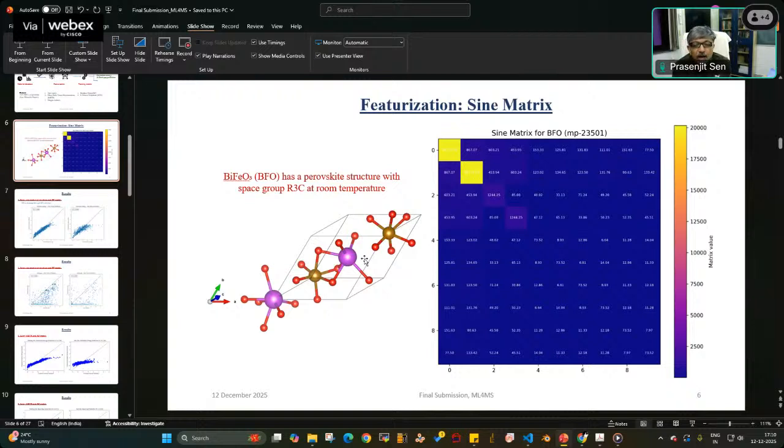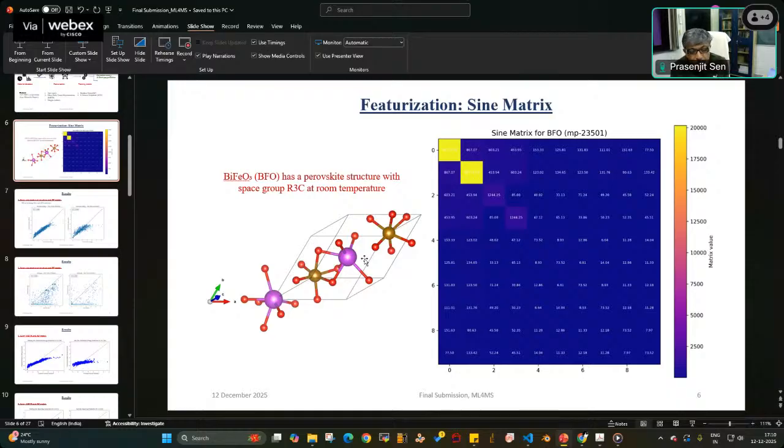Yes, sir. What would be the dimension of your feature space? So 40 into 2 number of compound. No, notice that you have to have a feature of a constant length for all materials.